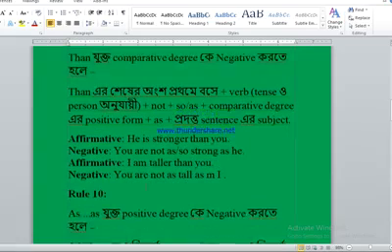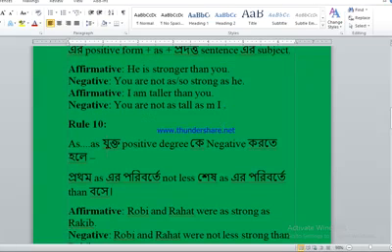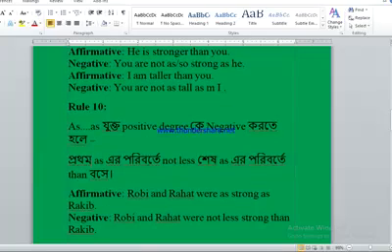Okay, rule number 10. I hope you are clear about rules number 8 and 9. Now we will see rule number 10. My dear students, if you see as dot dot as in your positive degree, you can change it into a negative sentence this way.